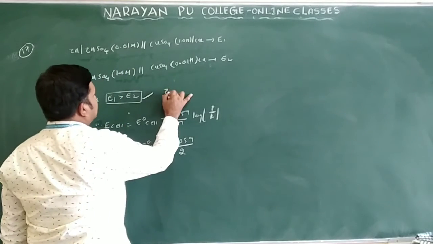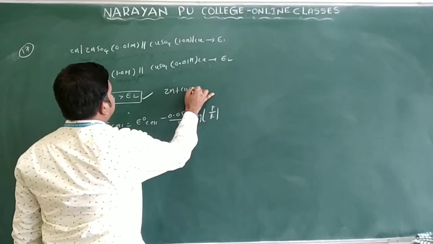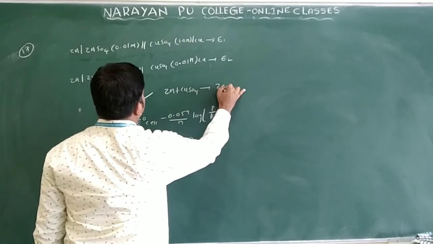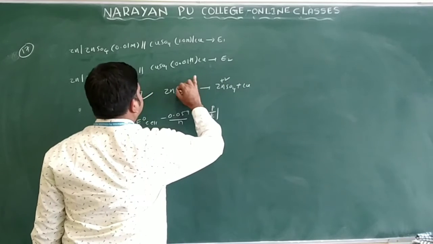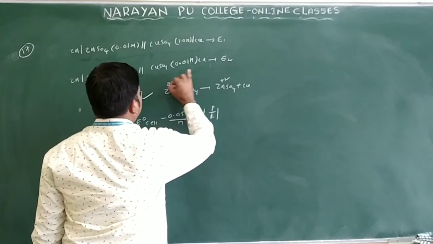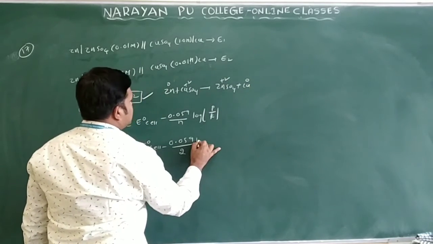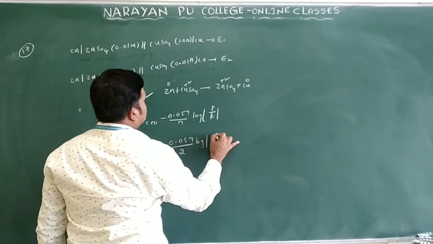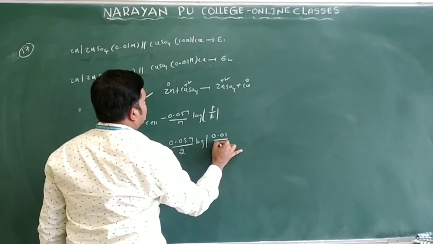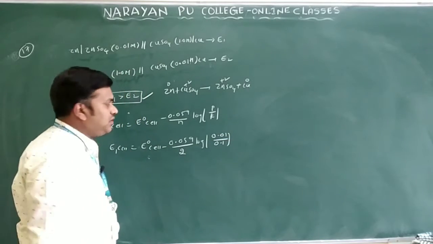If you want to see the reaction, Zn plus CuSO4 gives ZnSO4 plus Cu. This is plus 2, here this is plus 2, 0. So you will write here log ZnSO4 by CuSO4. What is the concentration of ZnSO4? 0.01, by copper concentration 1.0.